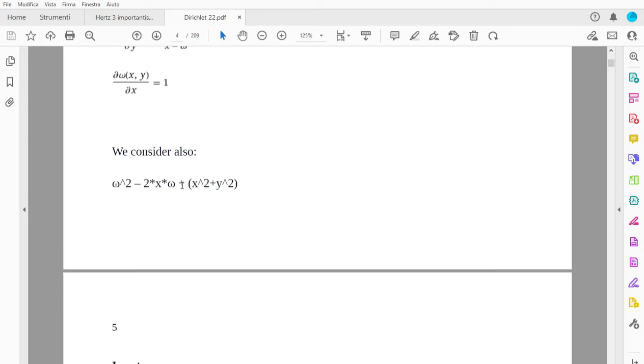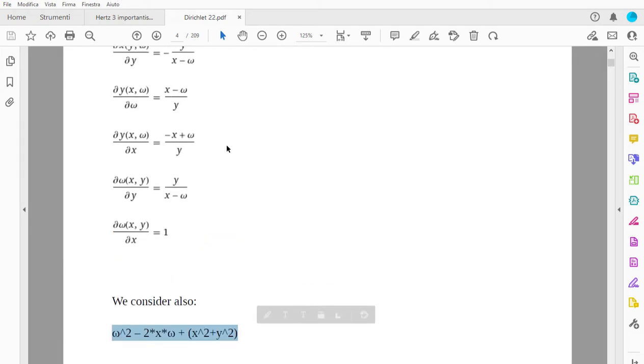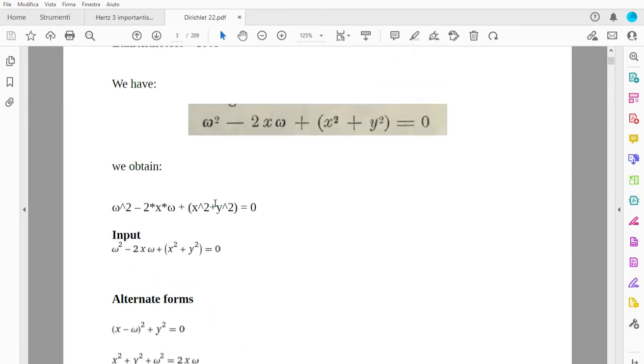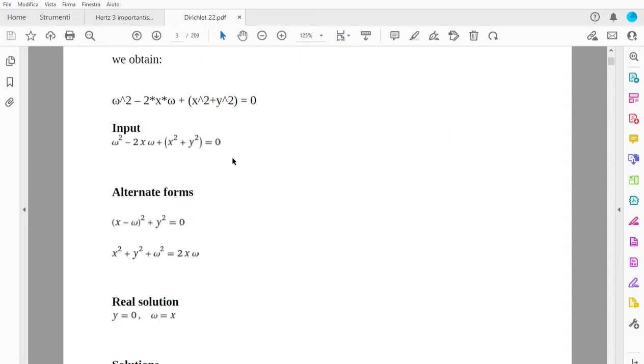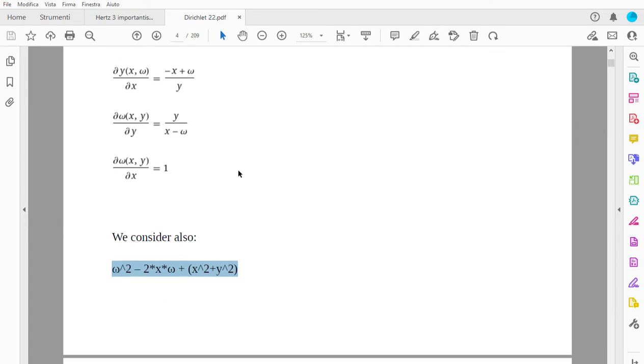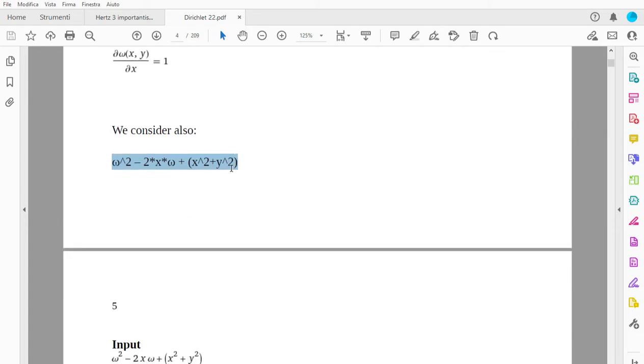We consider also this expression that we obtain from the considering the previous equation less 0.